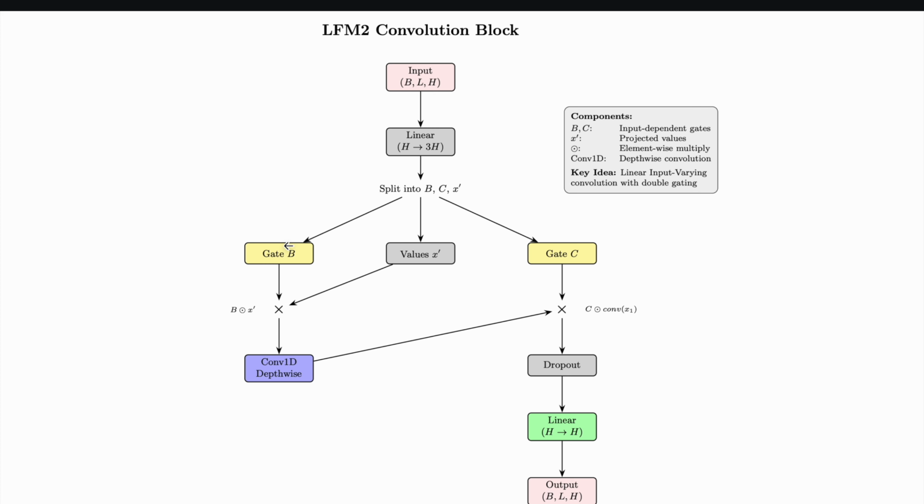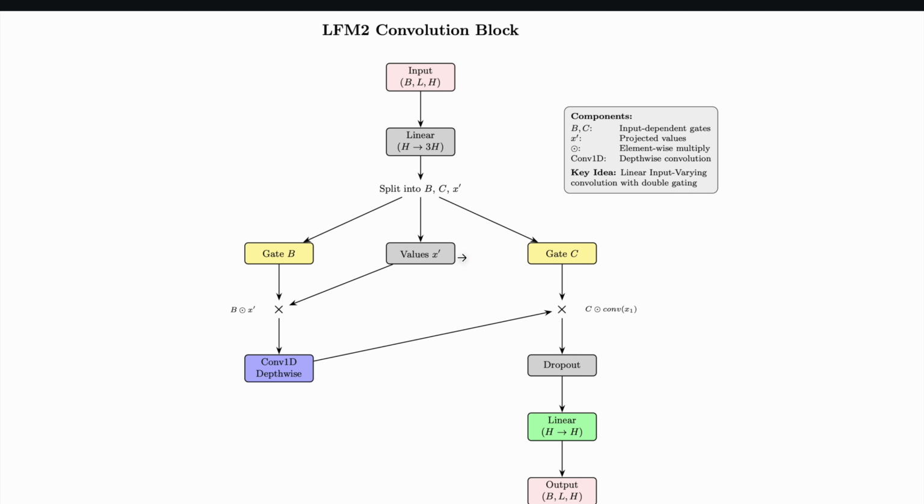So the first gate, gate B over here: when you feed an input tensor, let's say X, into the block, it goes through a linear layer that divides it into three values. One of them goes to gate B, the first gate, we have gate C over here, and one is for the main transformer input projection.